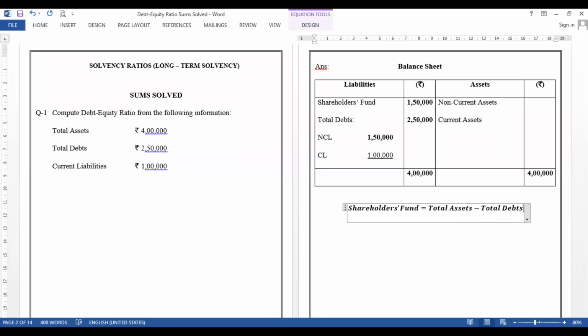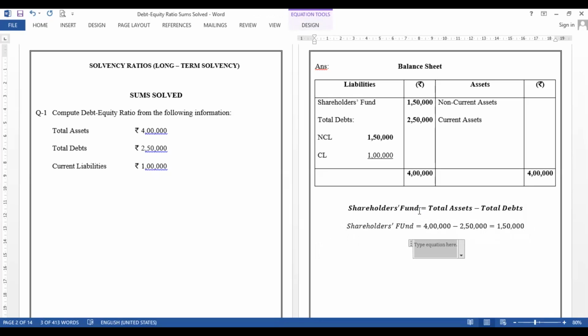This is how we calculated the balance sheet also. So let us place the values. Shareholders fund is equal to total assets, rupees 4 lakh, minus total debts, rupees 2,50,000. So the difference is 1,50,000. This is how you calculate shareholders fund.